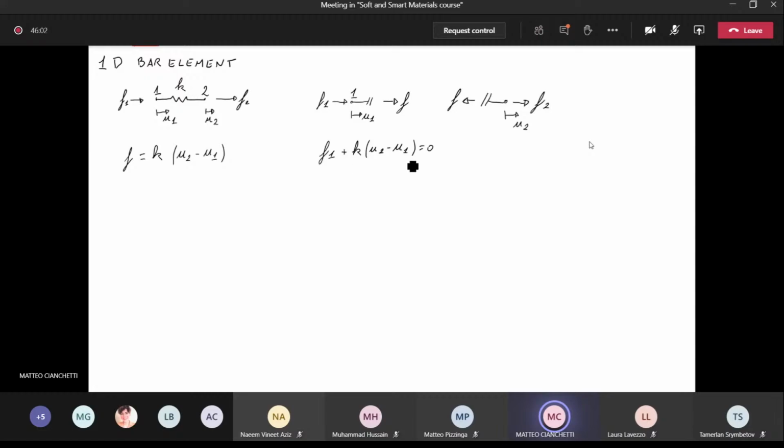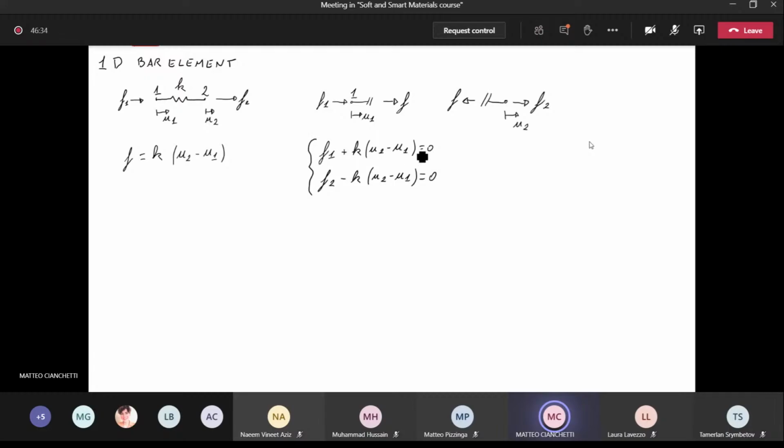Of course, their sum should be 0 to be in equilibrium. For the other part, similarly, we have F2, in this case with a minus sign because they have opposite direction, minus K multiplied by U2 minus U1, again equal to 0 for the equilibrium.